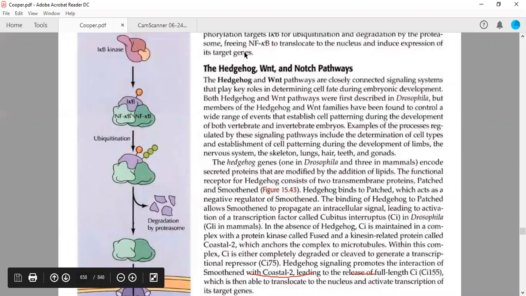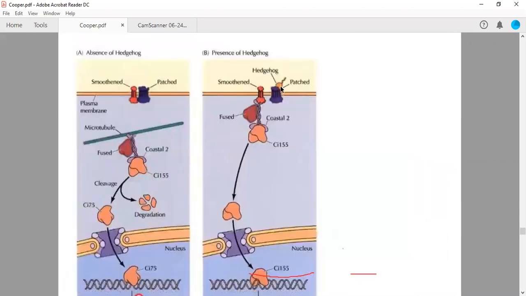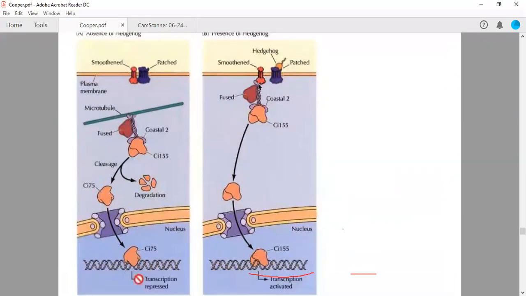Then we have discussed three pathways of cell signaling which happen in early embryos, and they decide the cell fates, for example in developing cells: Hedgehog, Wnt and Notch pathways. In Hedgehog signaling, Hedgehog is a lipoprotein. If it binds to Patched, this Patched is bound with Hedgehog, so it will free Smoothened. Smoothened will interact with certain cytosolic proteins, Fused and Costal 2, and Costal 2 will interact with the CI155.